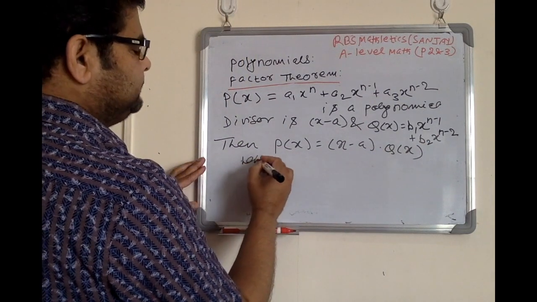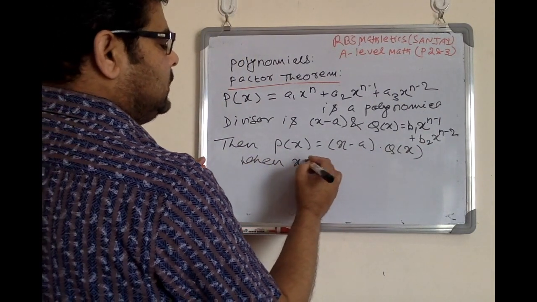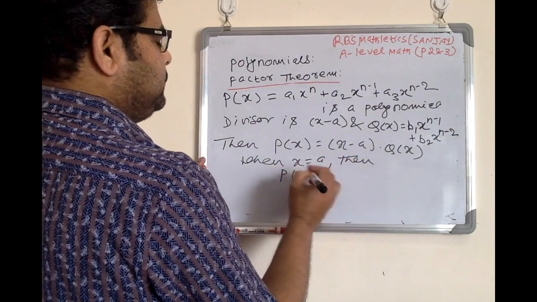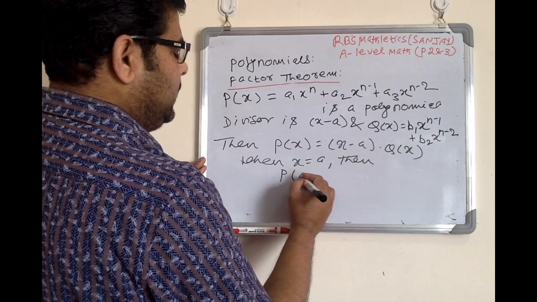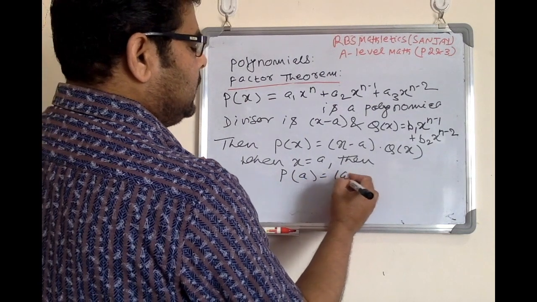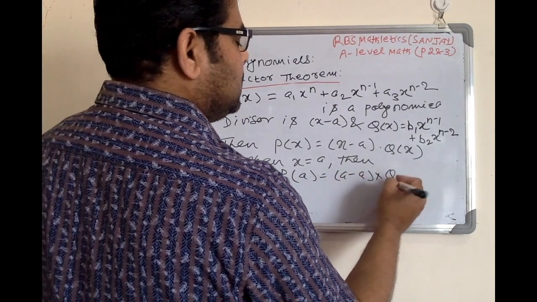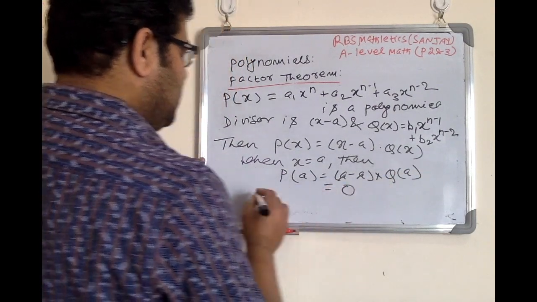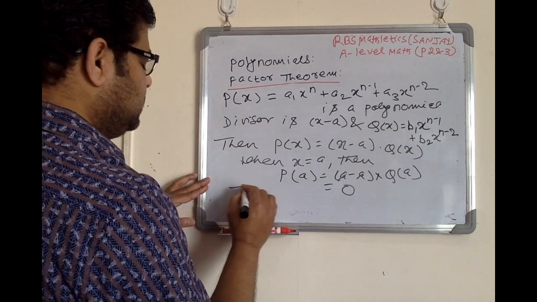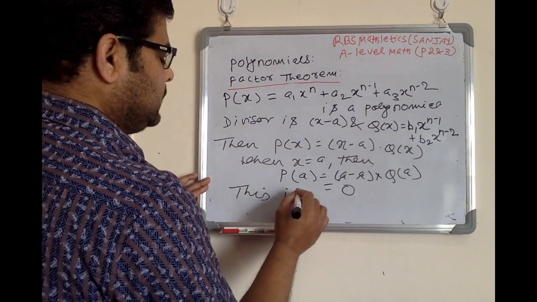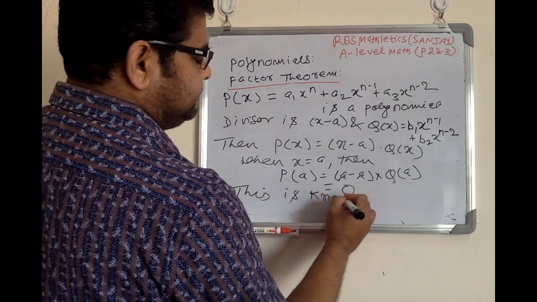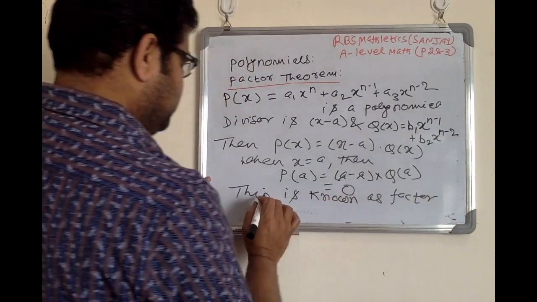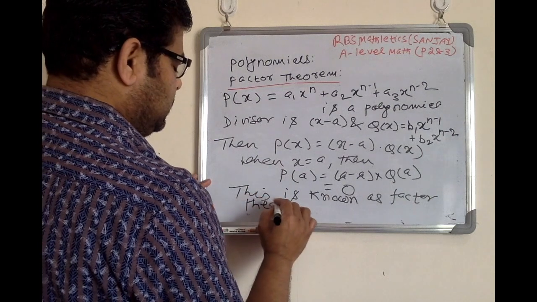So when x is equal to a, then P(a) is going to be a minus a times Q(a), and a cancels, so 0 times Q(a) is going to be 0, and therefore this is known as the factor theorem.